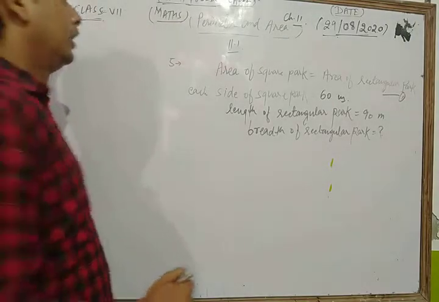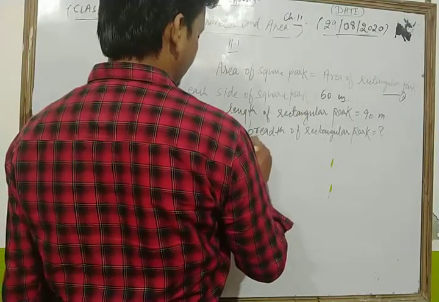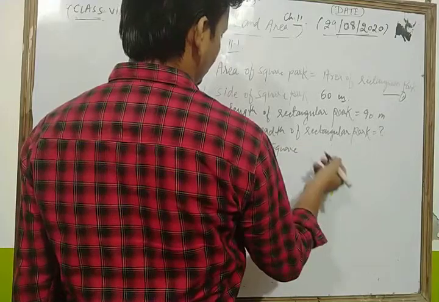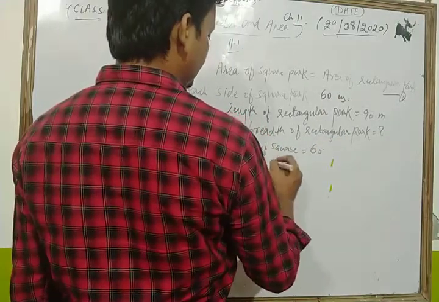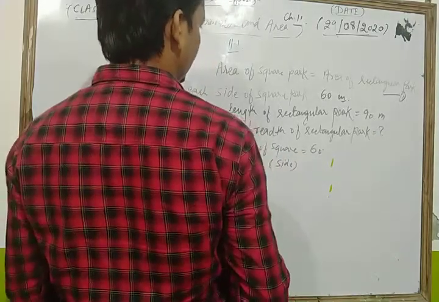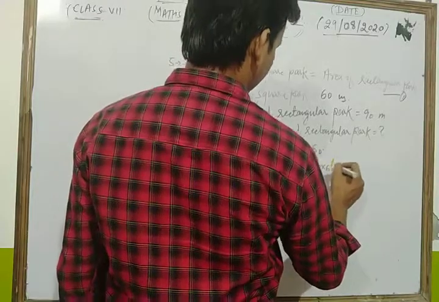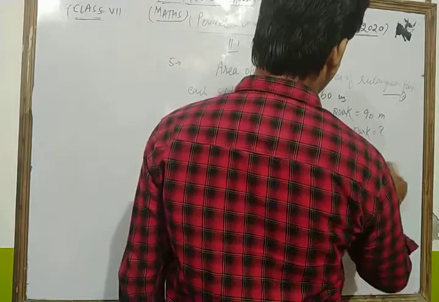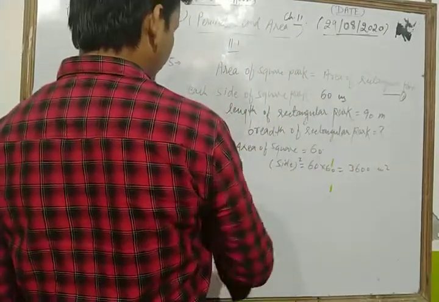Now, dear student, first of all we find the area of the square. Area of square is equal to what? You know the area of a square is side square, which is 60 into 60, that is 3600 meter square.